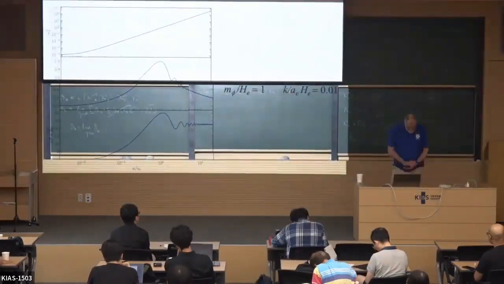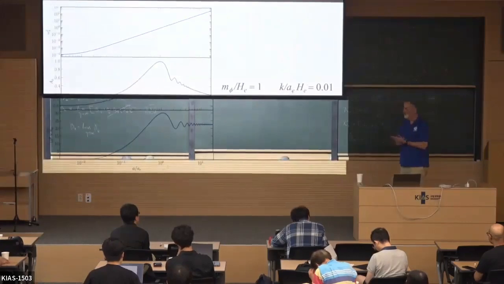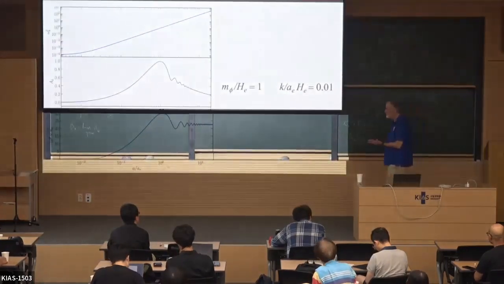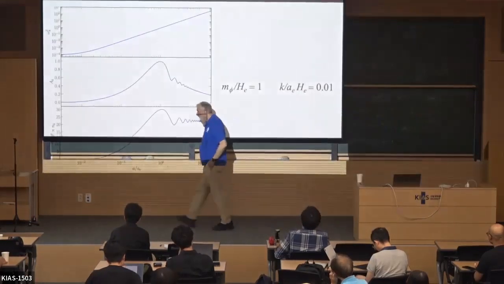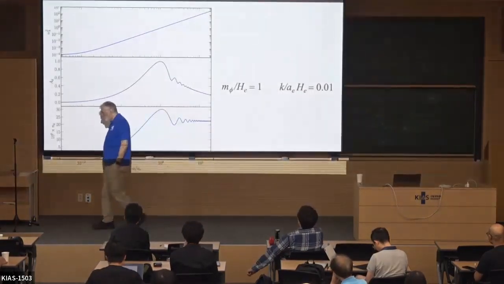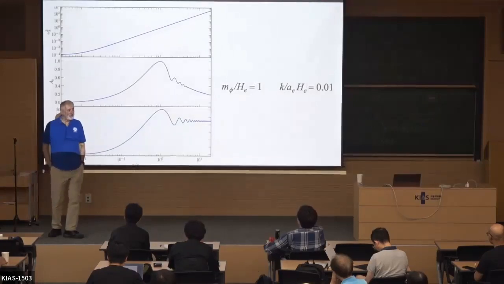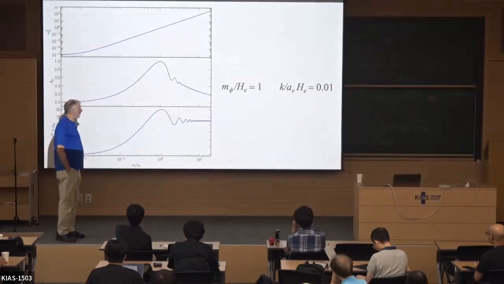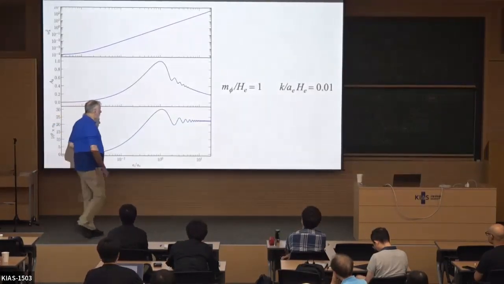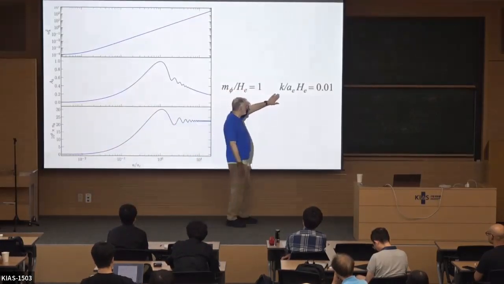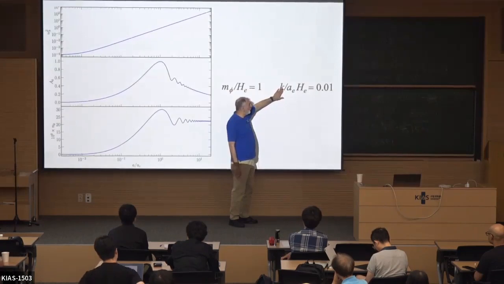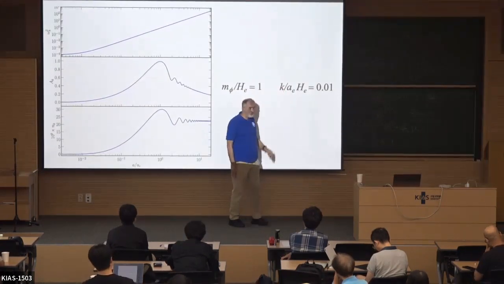So let me show you some pretty pictures. This is the solution for a particular value of m over H, set equal to 1, and a particular value of the wave number k of 0.01.